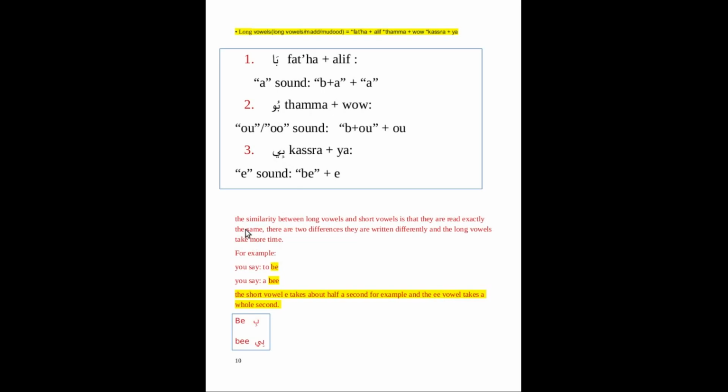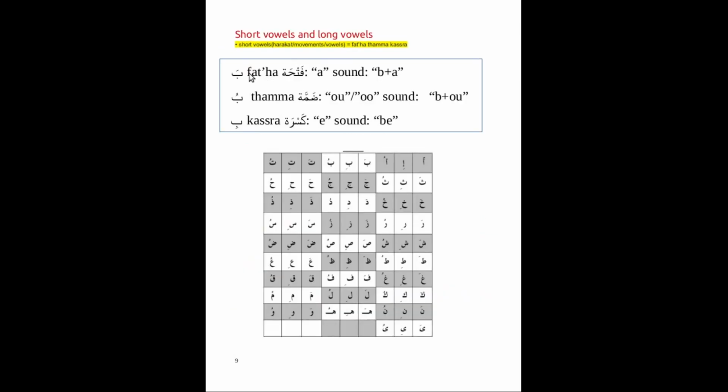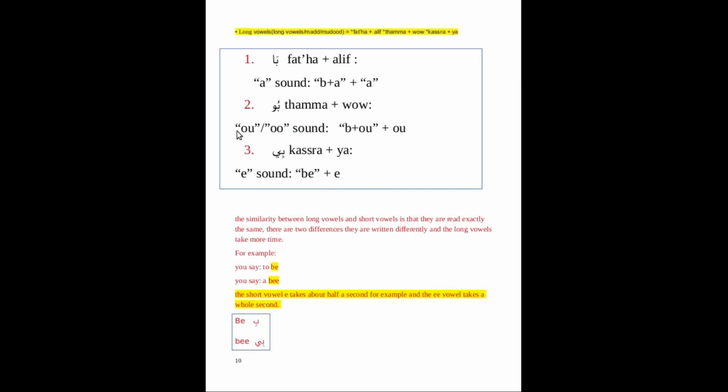Okay, the similarity between long vowels and short vowels is that they are read exactly the same. There are two differences. First of all, they are written differently, as you can see here. This table is different from this table, adding this and this and this.